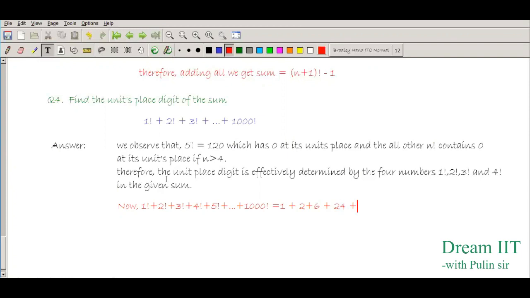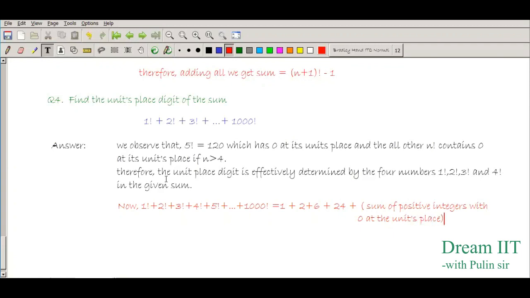Now what you write here: sum of positive integers with 0 at the units place.